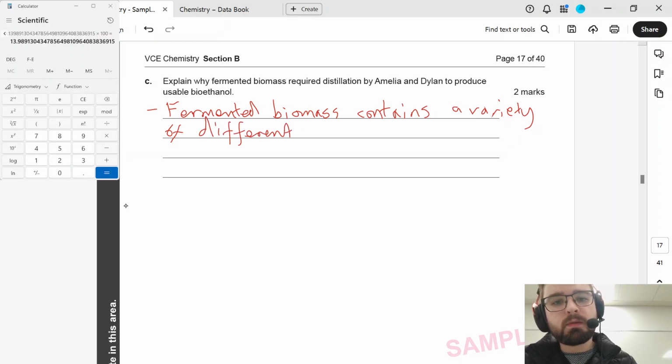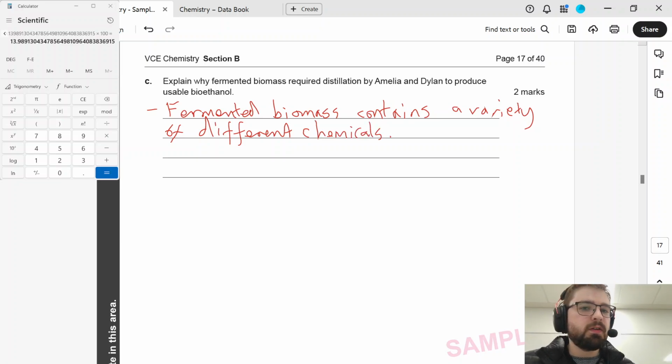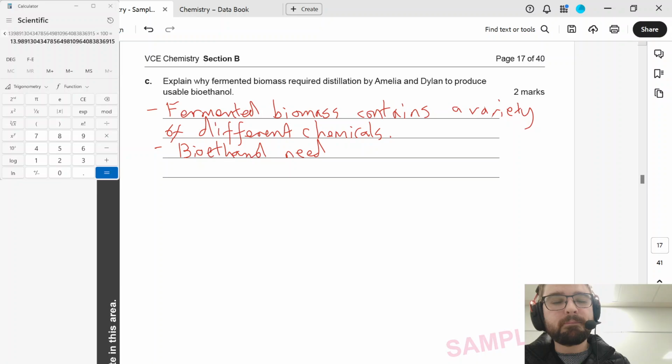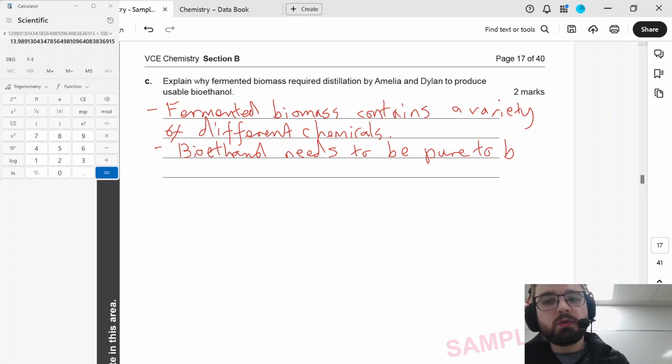So my thought process will be something like: the biomass has a bunch of stuff in it. Needs to be pure to burn efficiently. Honestly, you could probably not say this.